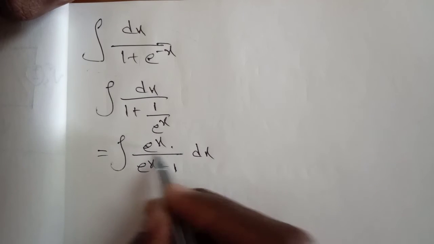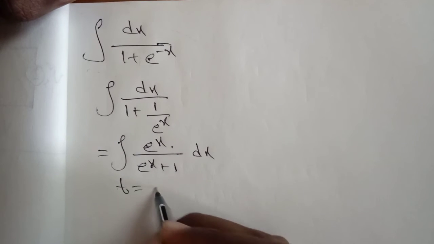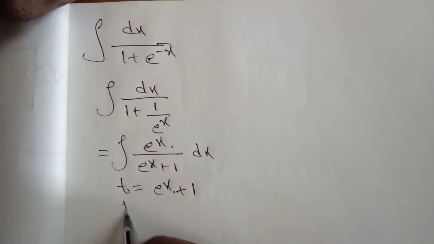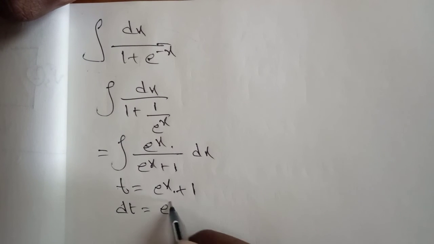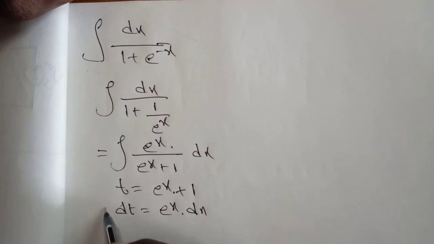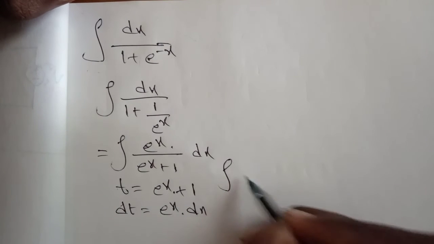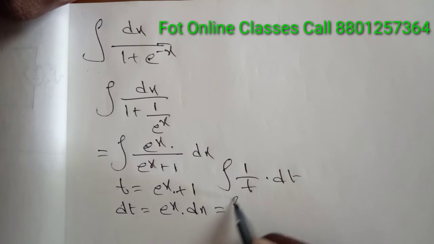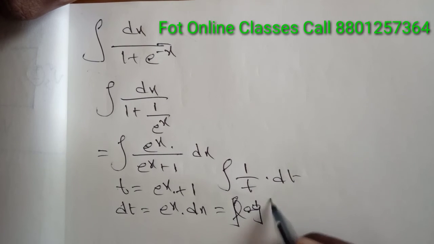If we assume the denominator as t, e power x plus 1, as we differentiate, dt equals to e power x dx. If we substitute these two values, we will get integration 1 by t into dt. So the overall solution becomes, 1 by t becomes log (1 plus e power x).